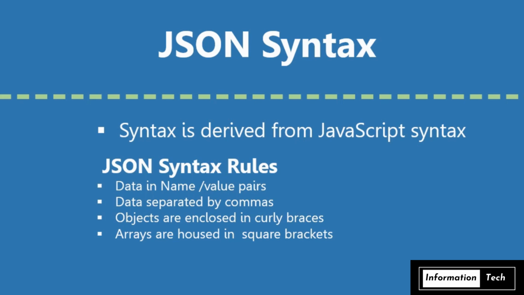So anywhere you see square brackets in a JSON syntax, know that you are looking at an array. Also, anywhere you find curly braces, you are looking at enclosed objects. So these are the rules that should be followed in creating a JSON syntax.